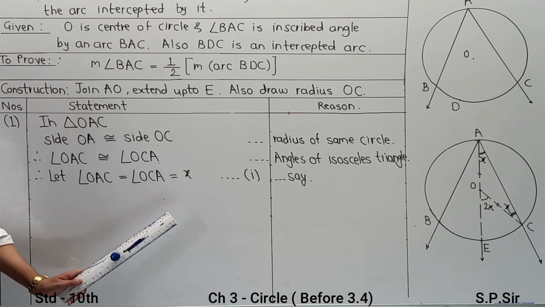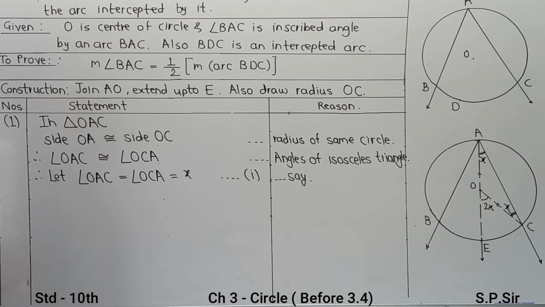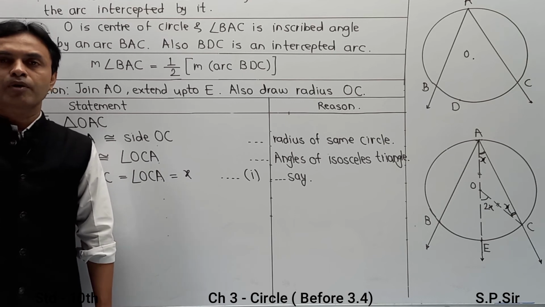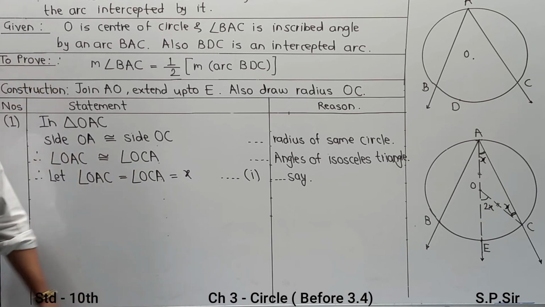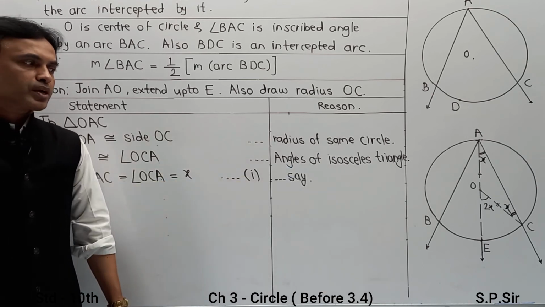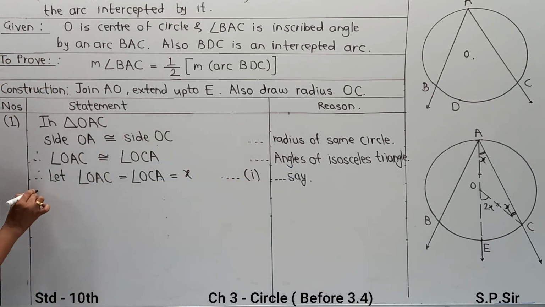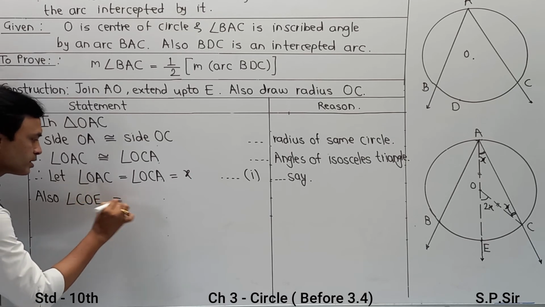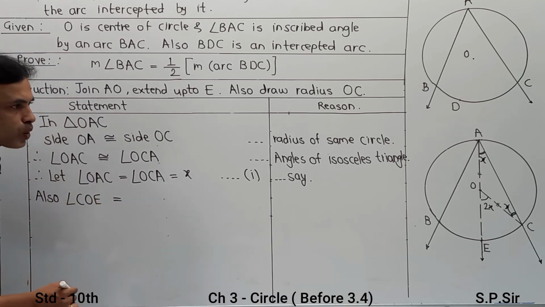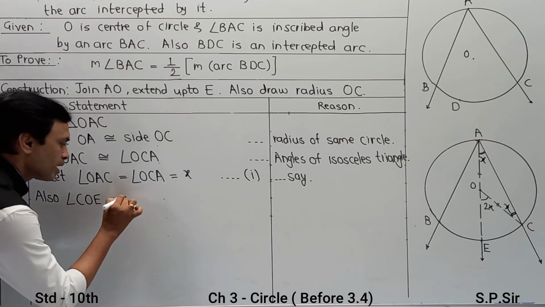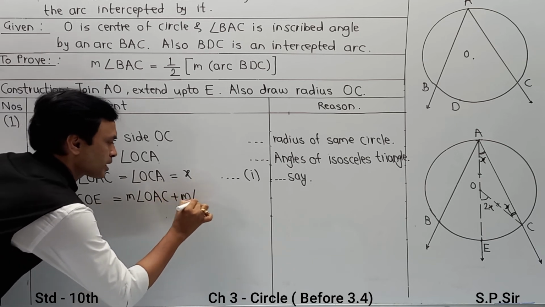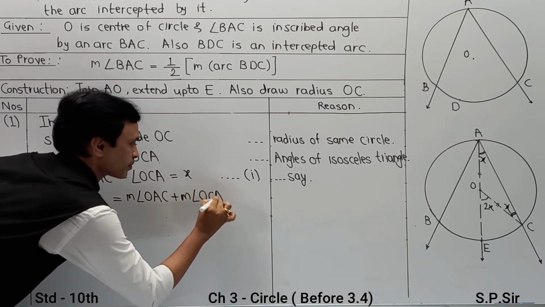Now we are going to introduce the property of exterior angle. We know that the value of the exterior angle is equal to the sum of two remote interior angles. Means from the diagram, angle COE is equal to angle OAC plus angle OCA.